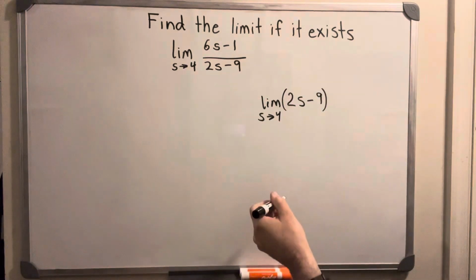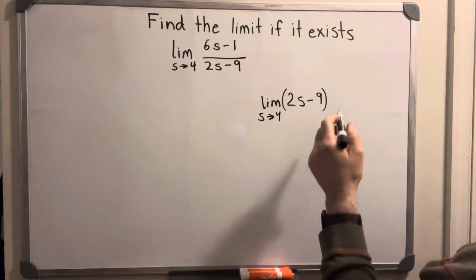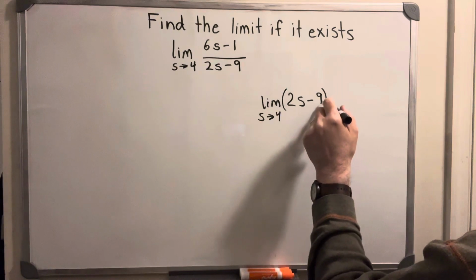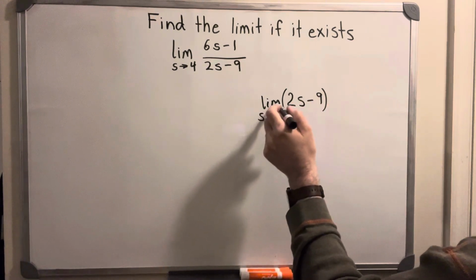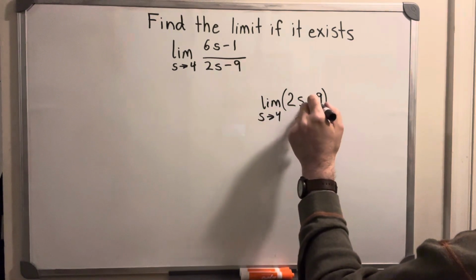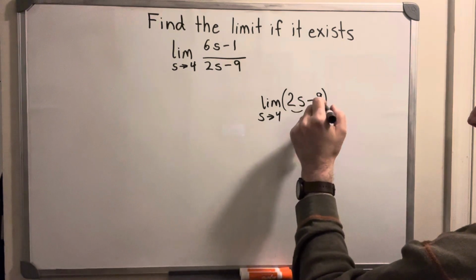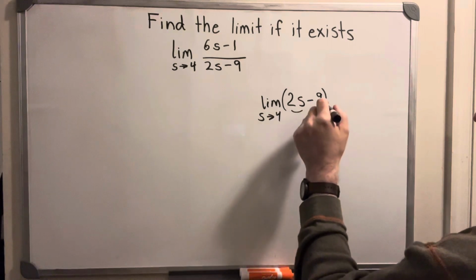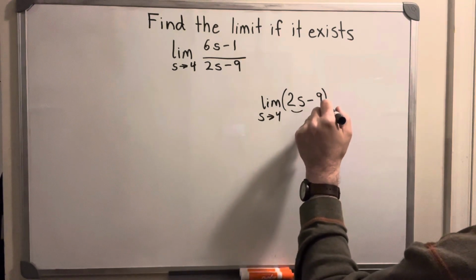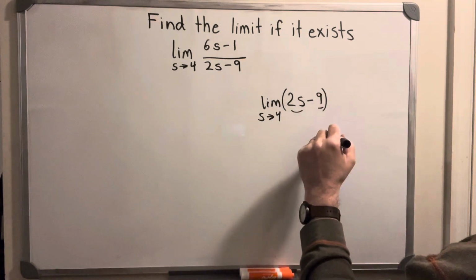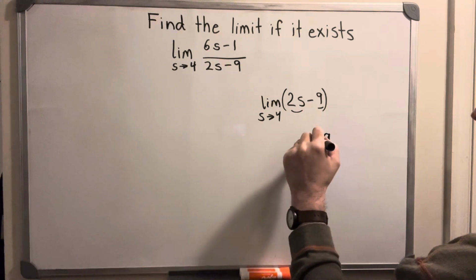We can start to do this more quickly once we know the constant limit theorem, that this is the difference of the limit of this minus the limit as s approaches 4 of this. And we know that this is a constant function, so the limit is just going to be 9.